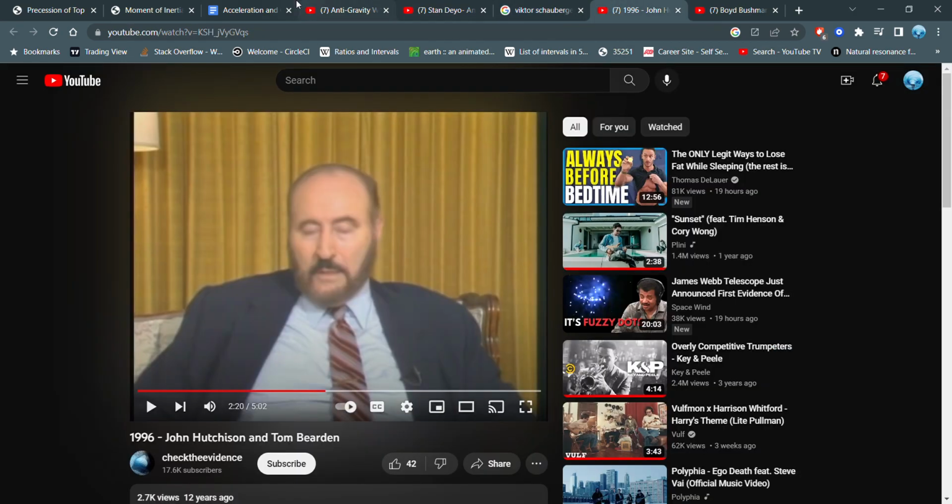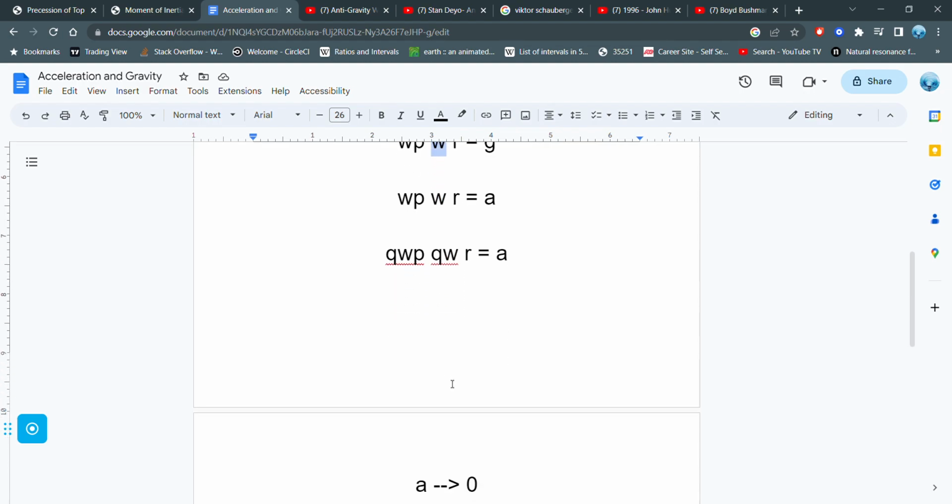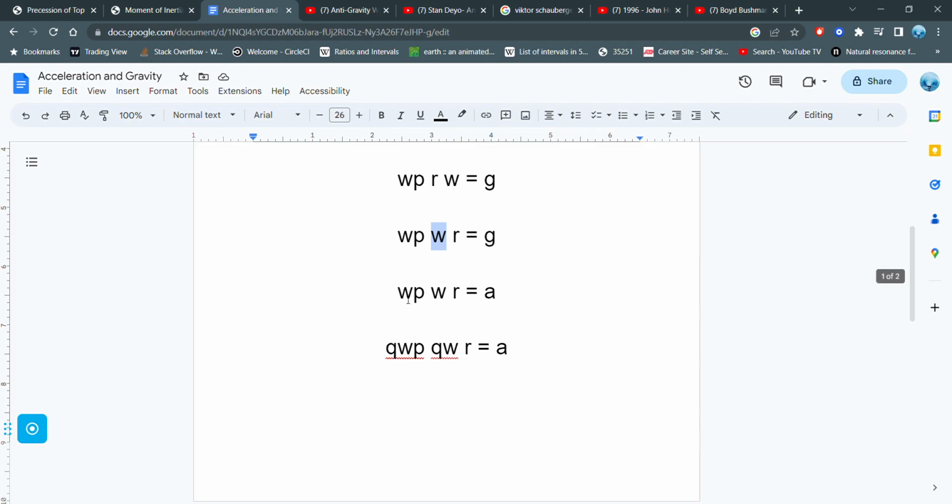Now, another way acceleration can be reduced to zero, and gravity can be reduced to zero rather than 9.8 meters per second squared: if one wants gravity to be reduced to zero, then omega p and omega have to approach zero. So in this case, for acceleration to approach zero, the charge of precession and the rotating charge need to approach zero, or the rotating mechanism precessing and the rotating mechanism itself need to approach a speed of zero.